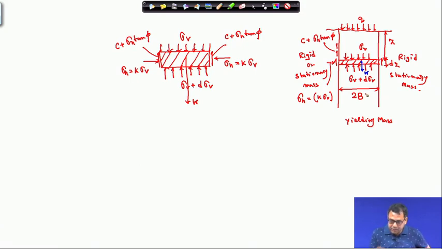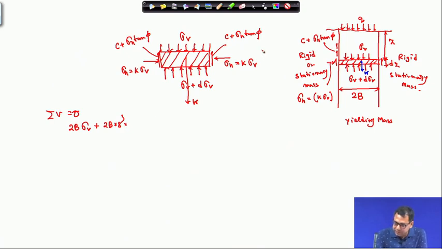Now, taking the summation of vertical forces equal to 0. The top sigma v acts downward, so the force is 2b into sigma v. Then the weight of the strip is 2b into gamma into dz.